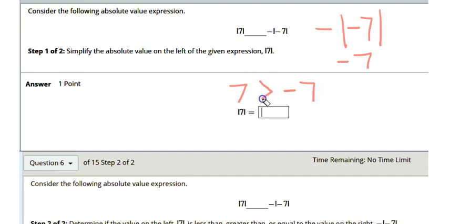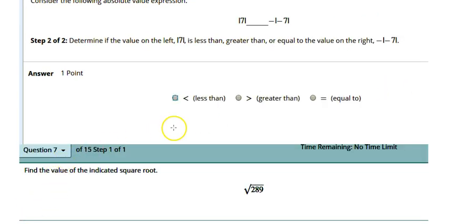And 7 is greater than, and that's what you would put in the answer spot. And notice what they're giving you to choose from. And you would choose, of course, this one, greater than.